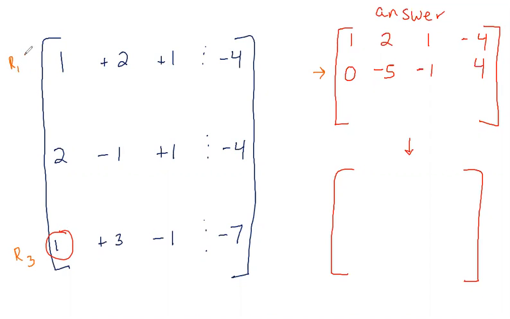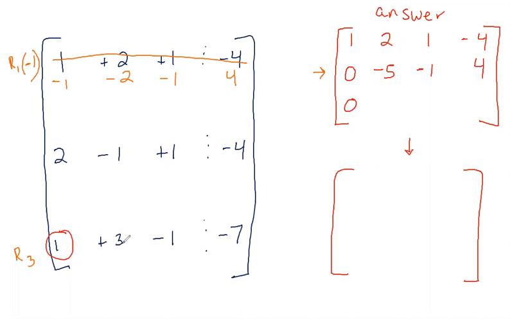So we will multiply the entirety of row 1 by -1 to create a new row 1, which I'll put right here underneath. -1 times 1 is -1. -1 times 2 is -2. -1 times +1 is -1. And -1 times -4 is 4. So I'm going to cross this out. And now we will add the new row 1 to row 3. -1 plus 1 is 0. It's just what we want.